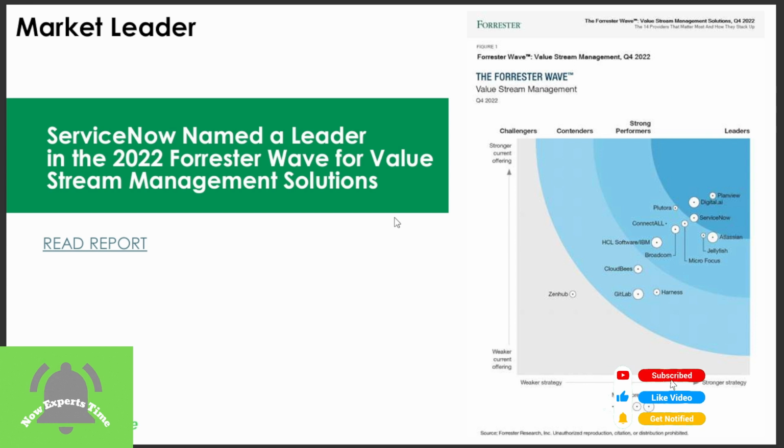To answer this question, 200% yes. ServiceNow is a market leader here, and ServiceNow has already proved this with the help of DevOps Change Velocity. So your development and your operations can be handled in a very beautiful way in your ServiceNow environment.